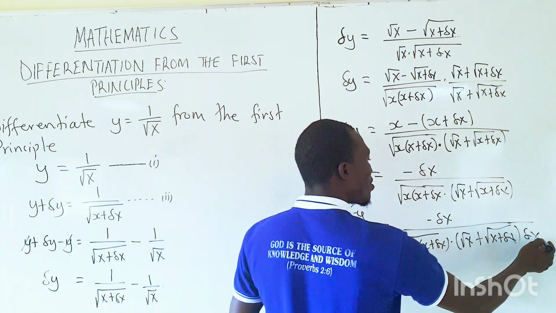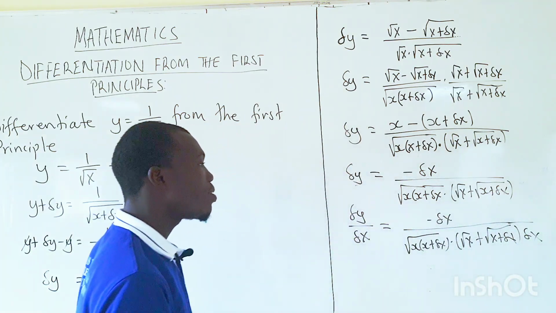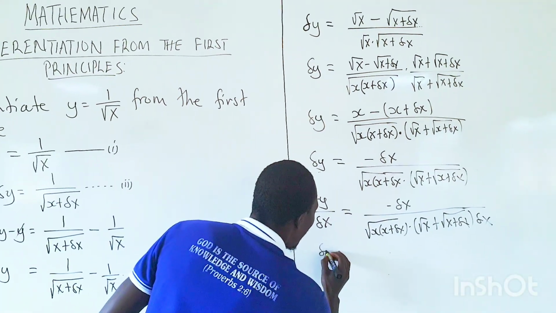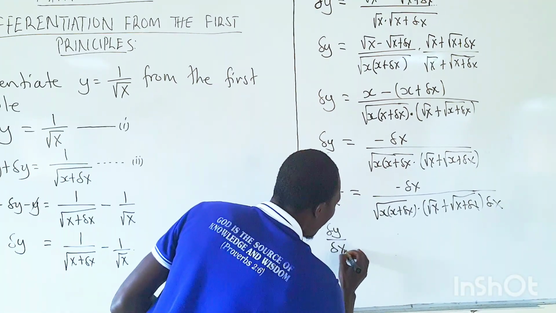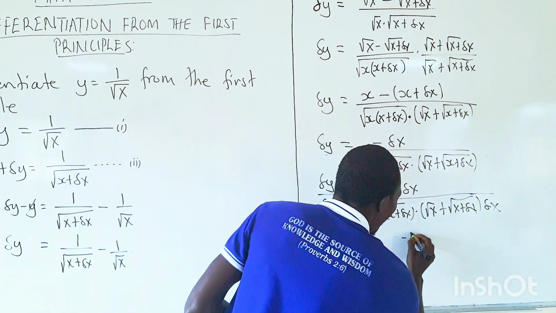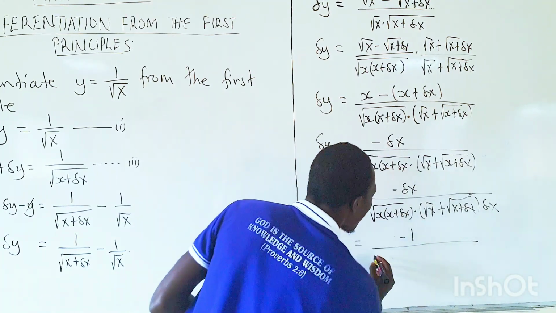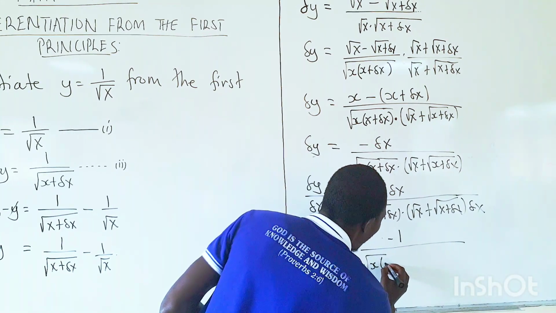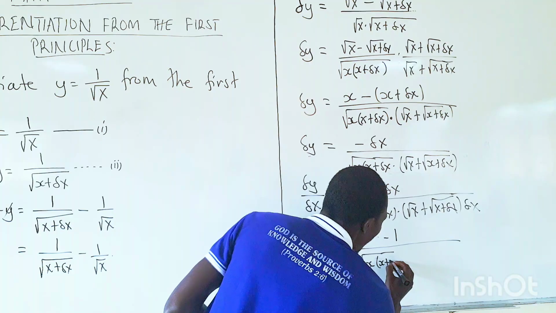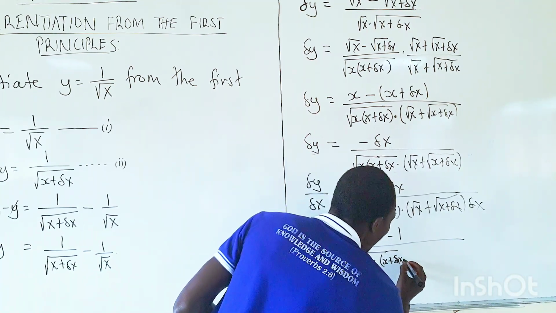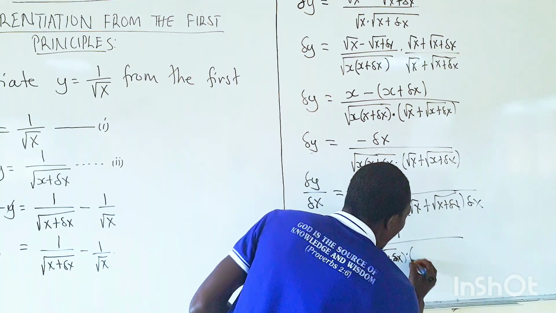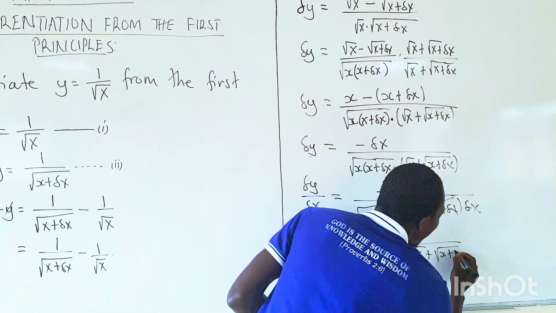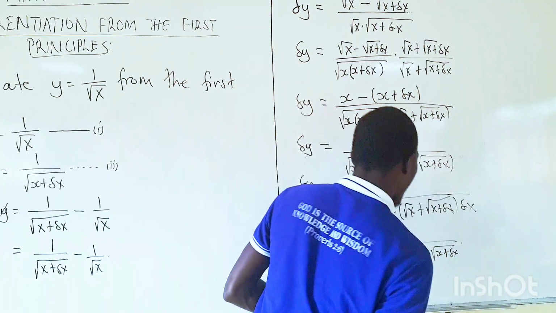We see that delta x is cancelling out the delta x on the numerator. So we shall have delta y over delta x is equals to negative 1 over root 2x into 2x plus delta x times root 2x plus root 2x plus delta x.